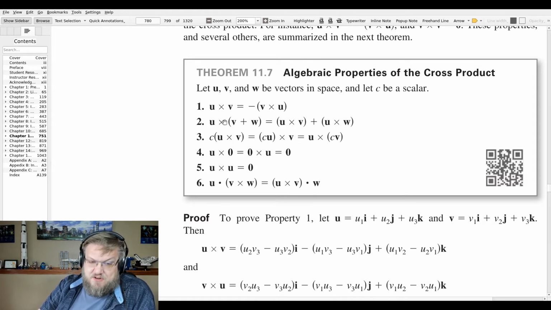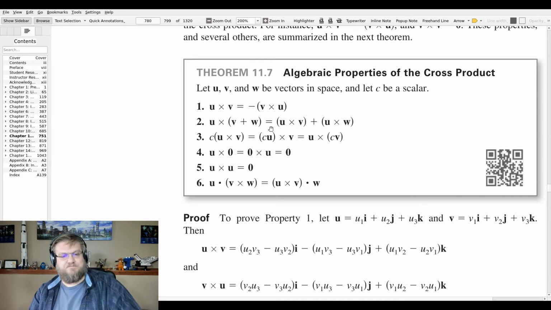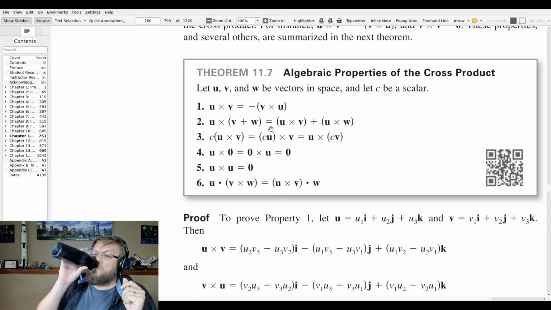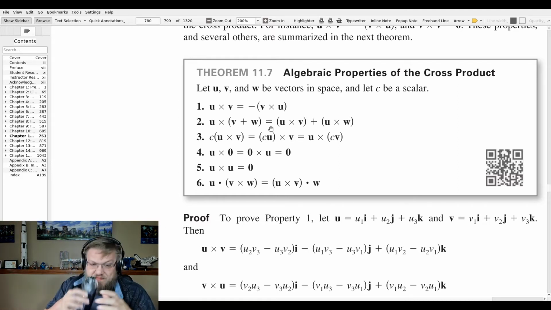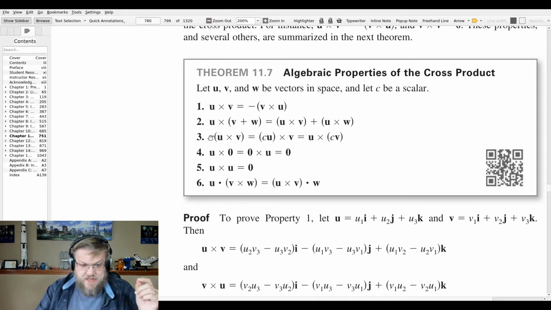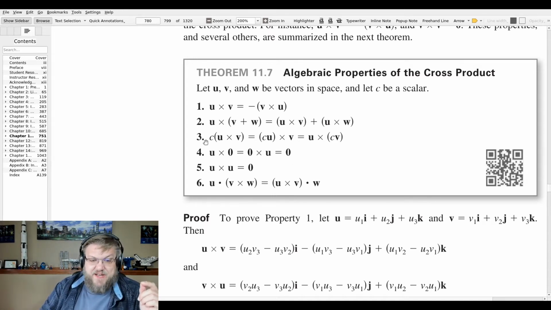So in other words, cross product does distribute over addition. We also have scalars. If I scale the cross product of u and v, that's the same thing as had I scaled u and then crossed it with v, or scaled v and crossed it with u.